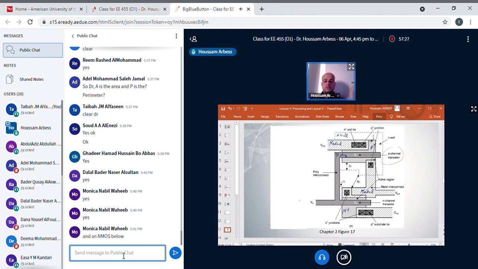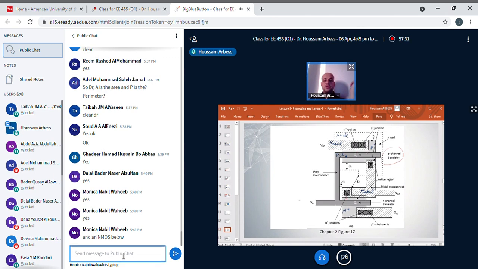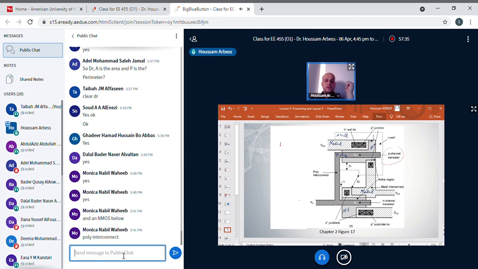How are they connected? Can you see the connection between this NMOS and this PMOS? What is connected to what? Let me sketch them here. So first here, it's clear that I have a PMOS. I don't know where is the source, where is the drain. Let's see that. And on the bottom here, I can see that I have NMOS.